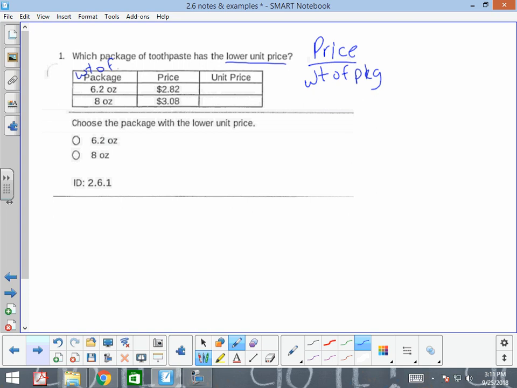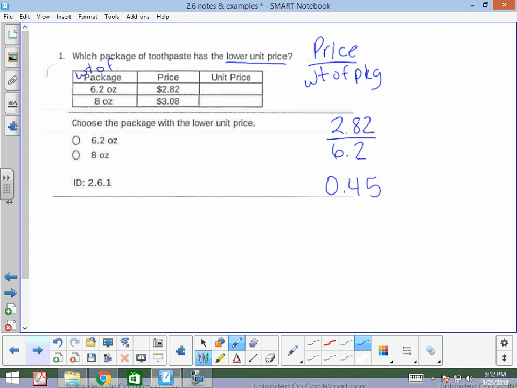So we're going to take $2.82 and divide it by 6.2. In your calculator, enter 2.82, whatever the price is, enter that first. Hit the division symbol, divide by 6.2, and round to the hundredths. That is 0.45, the price per ounce for that package.